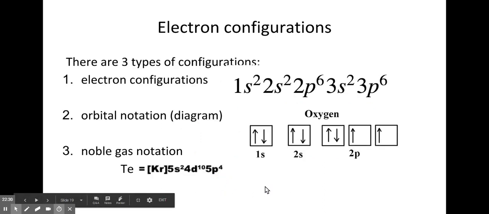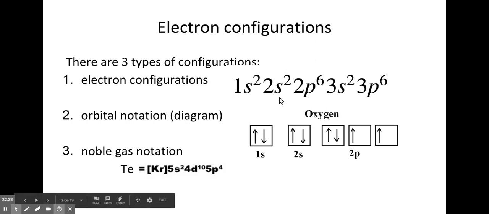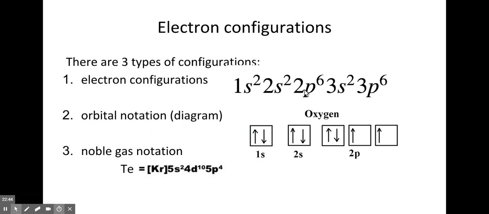So there are 3 different ways they can ask you to write electron configurations, 3 different types. The first is just to write an electron configuration itself, and it is this type right here that you see. Then they could ask you to write an orbital notation. And for orbital notation, you don't necessarily have to draw boxes.